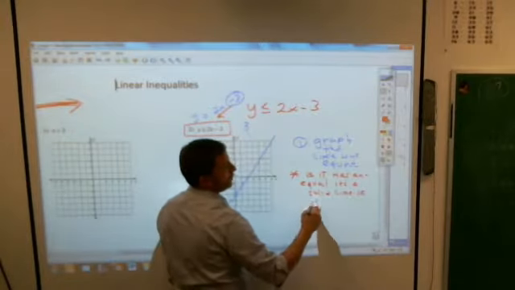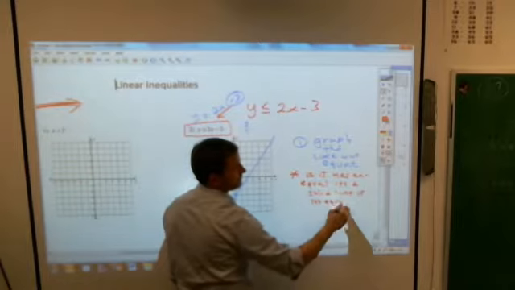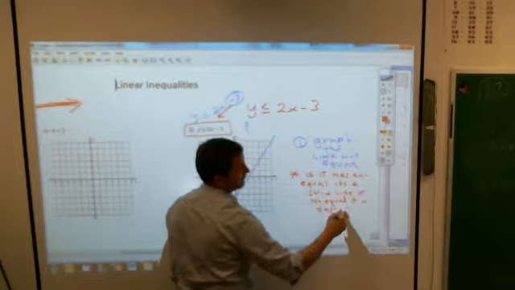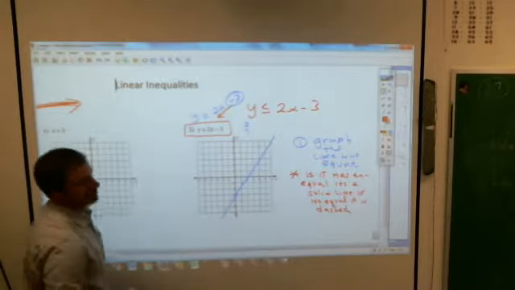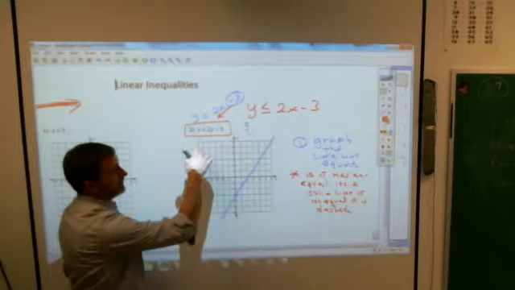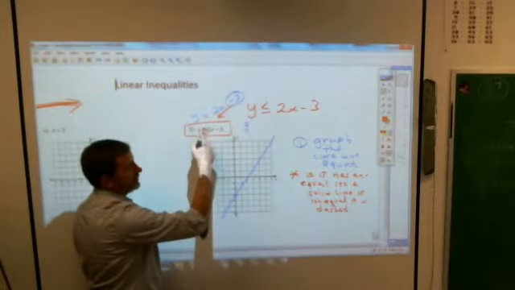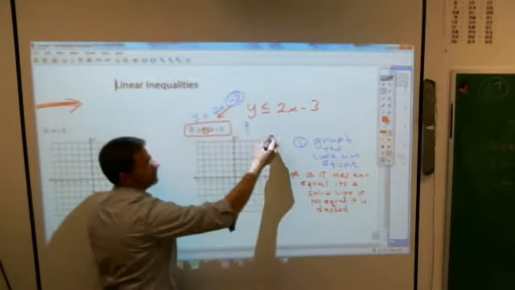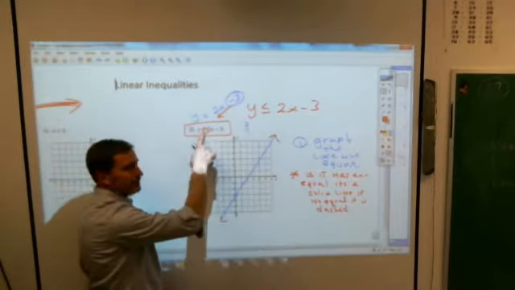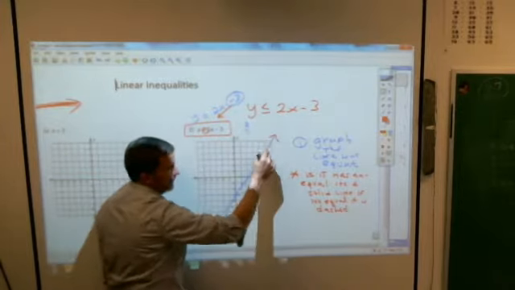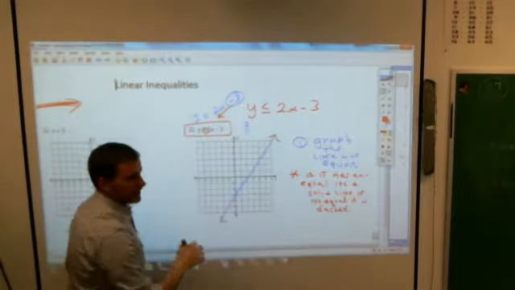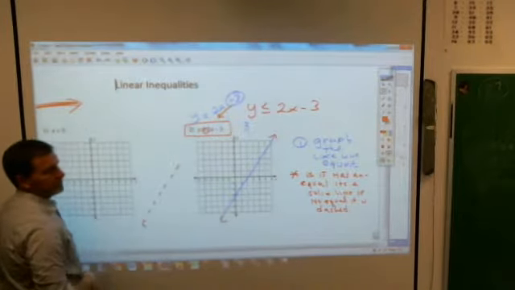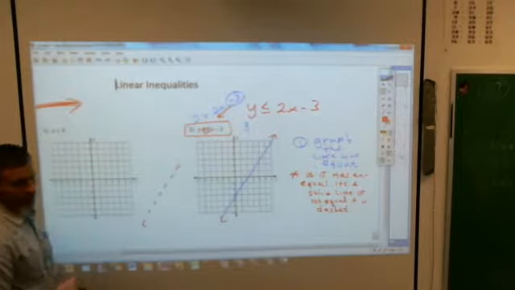If no equal, it is dashed. Because this has that little line underneath the less than symbol, it will be a solid line. If that equal sign would not have been there, you just make this a dashed line. If you need to know how to draw a dashed line, it's simply line, line, line, line. Maybe you've seen dashes before. I don't want to assume anything.